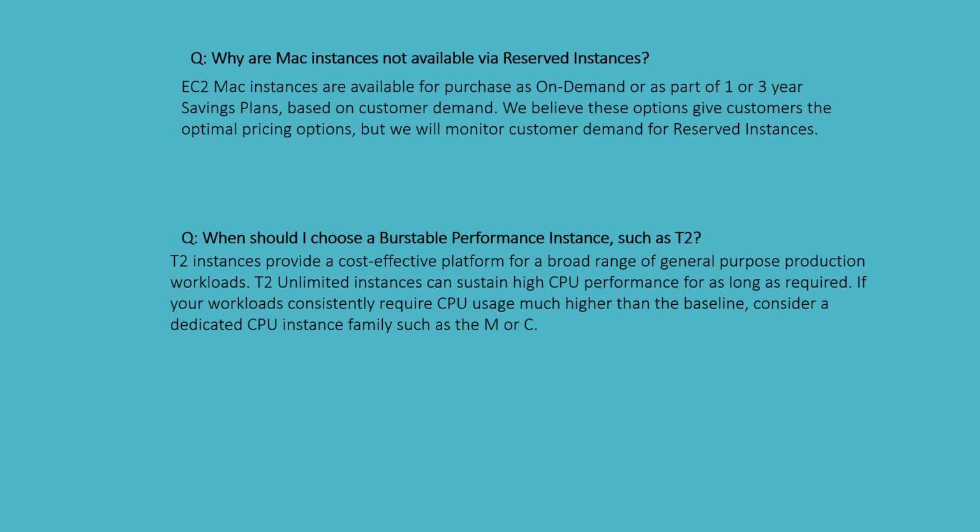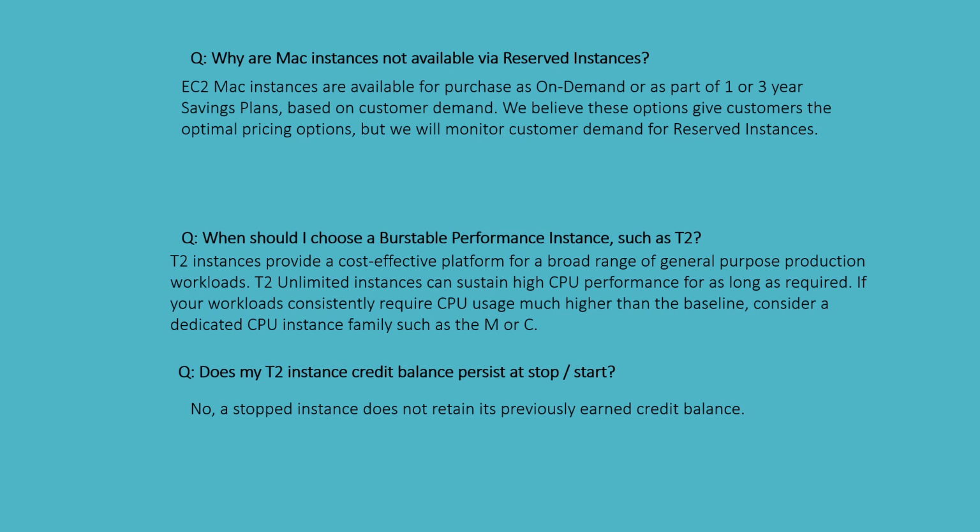If your workload consistently requires CPU usage much higher than the baseline, consider a dedicated CPU instance family such as M and C. Does a T2 instance retain its credit balance through a stop and start? No, a stopped instance does not retain the previously earned credit balance.